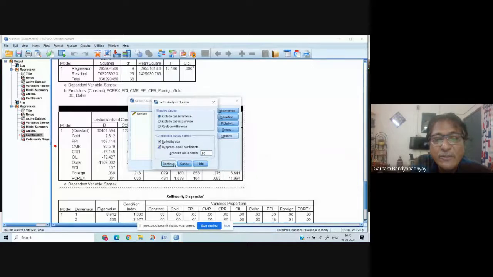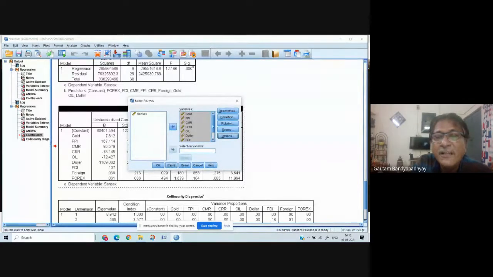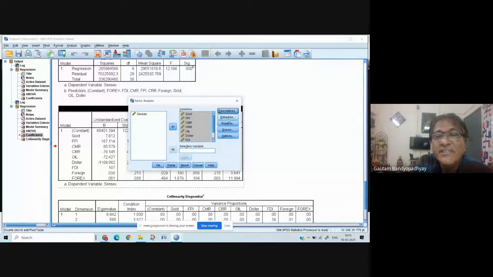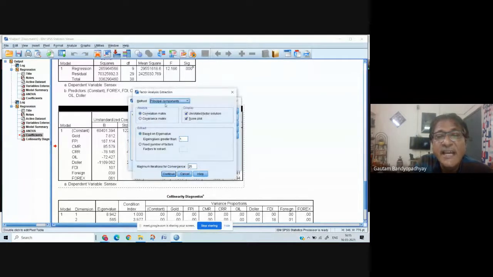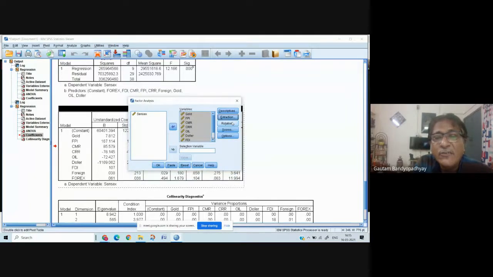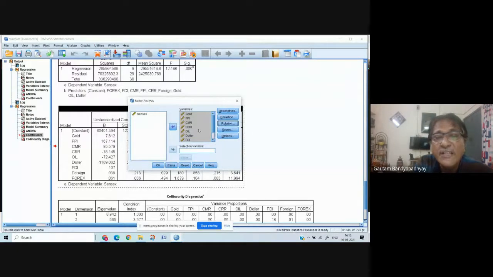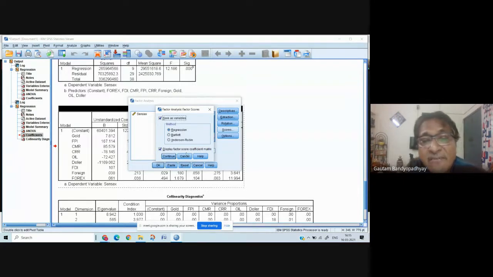So again repeat: under descriptive we select coefficient, determinant, KMO and anti-image. For extraction we select PCA and scree plot. For rotation we select only Varimax. For scores we select save as variable and display factor score coefficient matrix.